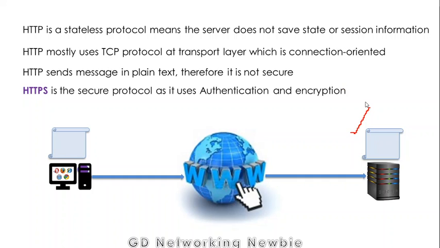And finally, HTTPS is the secure protocol as it uses authentication and encryption. So HTTP is unsecure, but HTTPS is a secure protocol, and we will discuss HTTPS in some of our future videos.